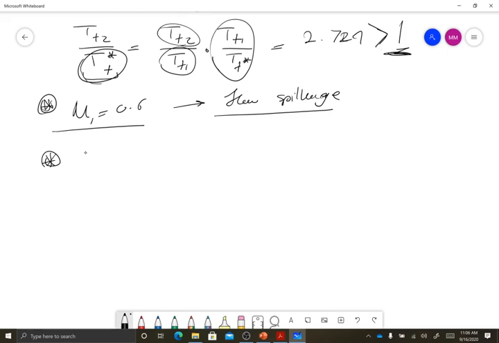Total temperature stays the same. Total temperature, is that it? And total pressure. So we call the new condition the prime condition as always, right? The total pressure and the total temperature for the prime condition, which is the new condition, are going to stay the same, they are not going to change.